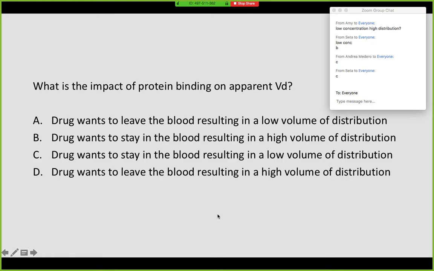Right, so the correct answer on this one is C. So remember, a protein-bound drug is going to want to stay in the blood. So it's going to want to stay in the systemic circulation. And if you're not being distributed to the tissues, you have a low volume of distribution. So the drug wants to stay in the blood, resulting in a low volume of distribution.